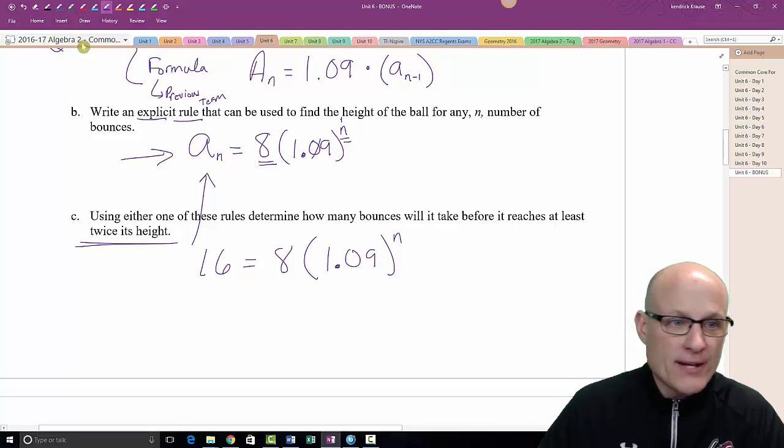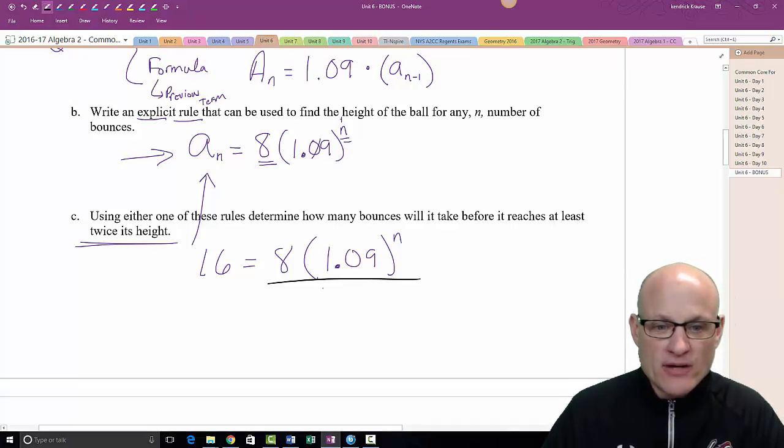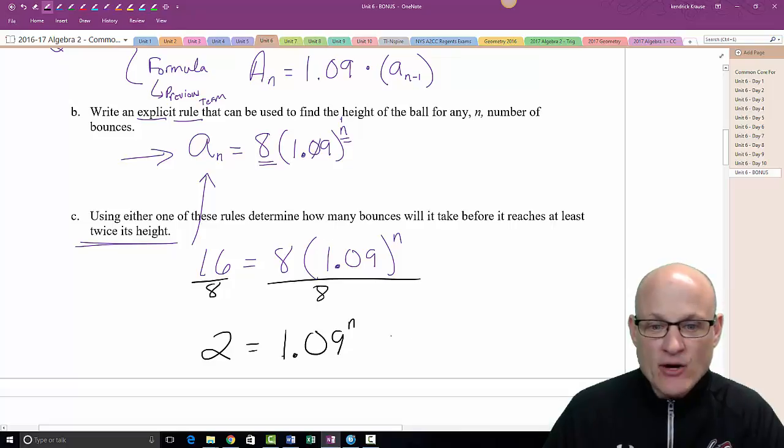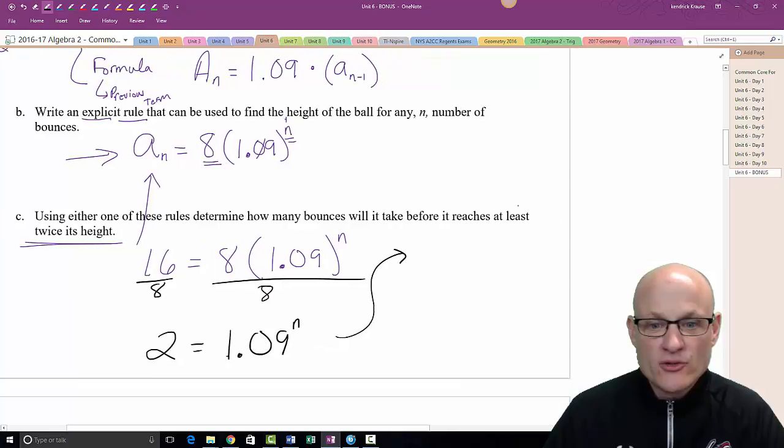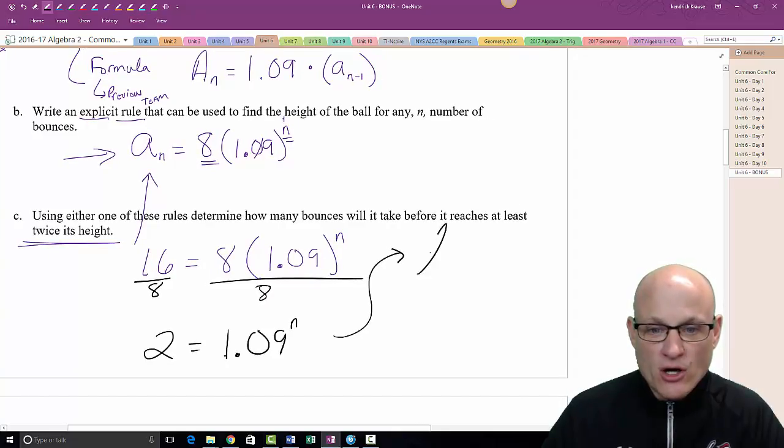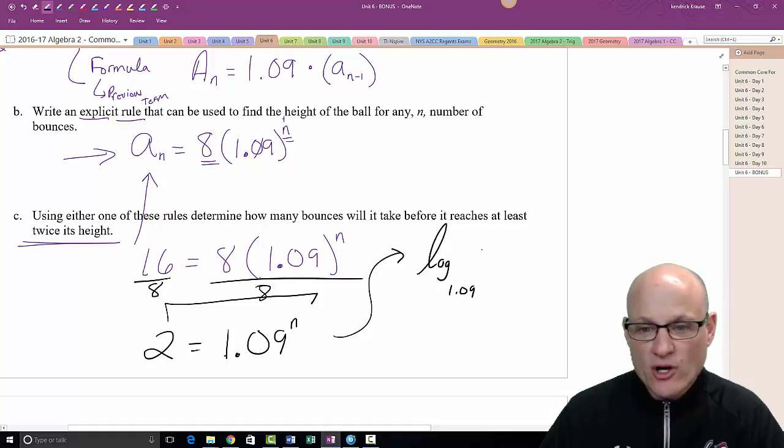Next step. Get the weird thing alone. Divide by 8. I get 2 equals 1.09 to the n. Now, in order to solve an exponential, you have to use logarithms. So we're going to log base 1.09. These two things will switch because logarithms are equal to exponents. So log 2.0 is equal to n.